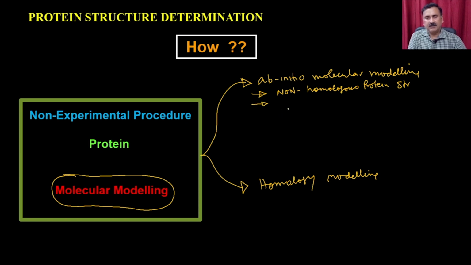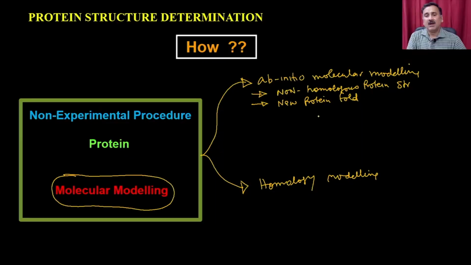These are the places where you are working with new proteins or a new protein fold, and in that case it does not have any kind of homology, and that is very difficult to solve to get the protein structures.